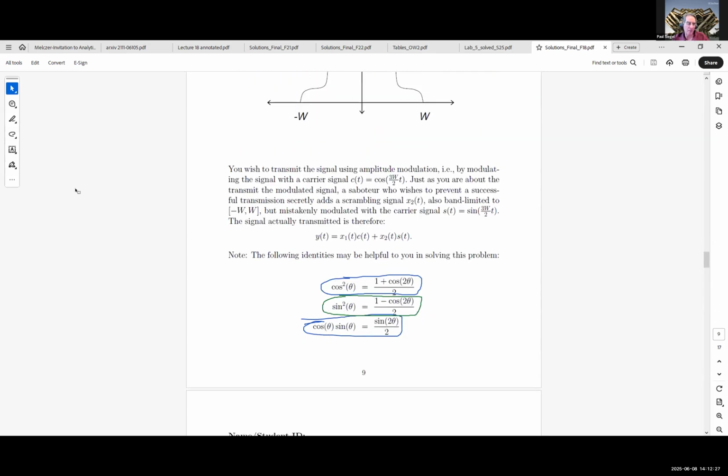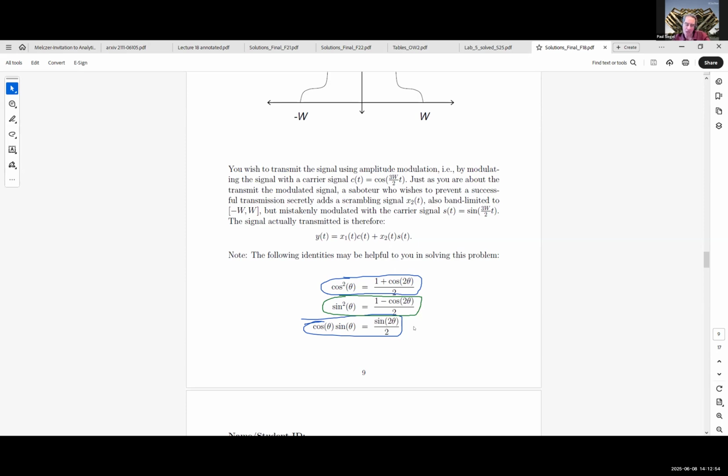If you focus on that particular identity, what we saw when we used the cosine squared is it gave us that copy of x1 of j omega, with some scale factor right where it should be in the frequency domain, and then copies on the outskirts that ended up getting filtered out.